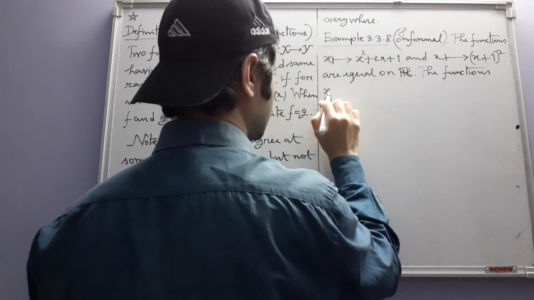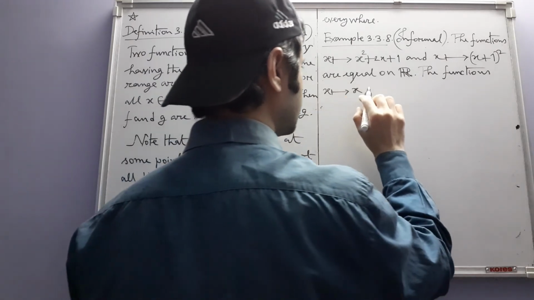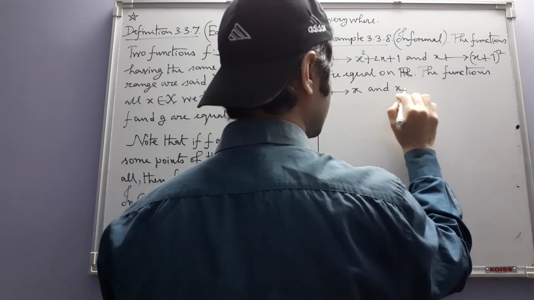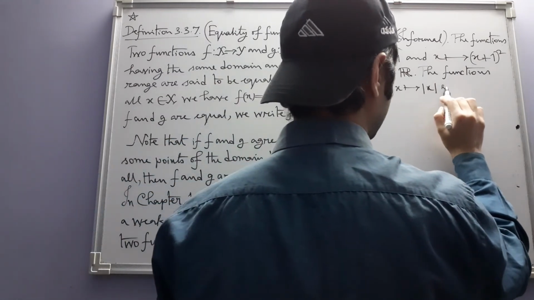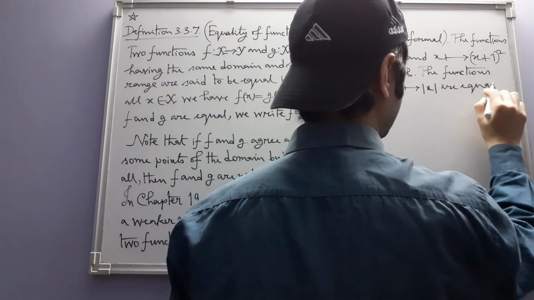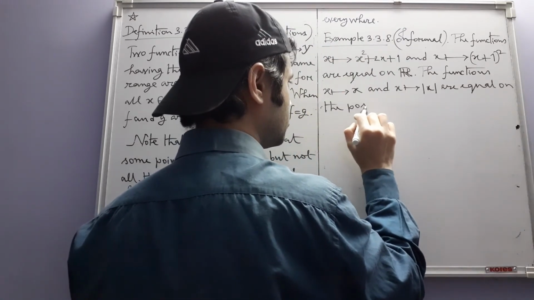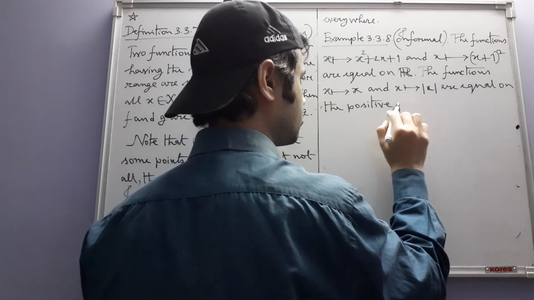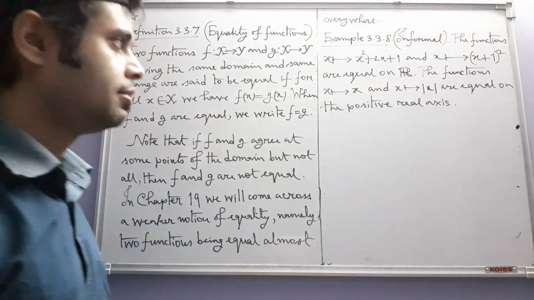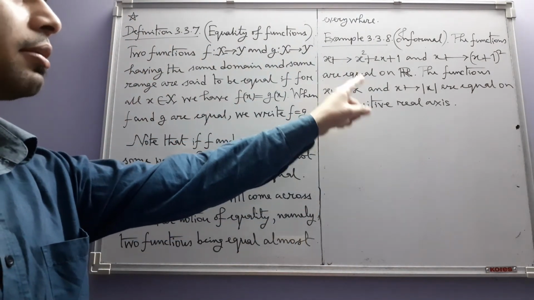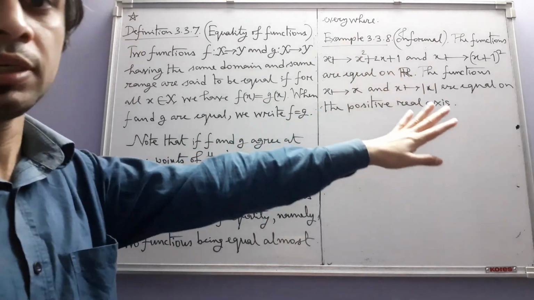The functions x mapped onto x and x mapped onto absolute value of x are equal on the positive real axis. You see, there are many undefined terms here. We are not saying what R is, or I mean we are saying but we don't yet know, we take that view.